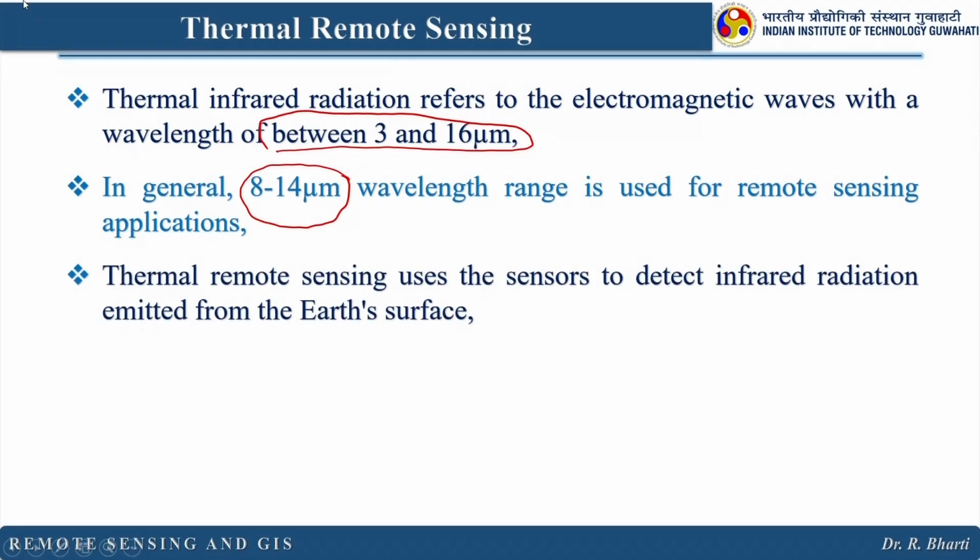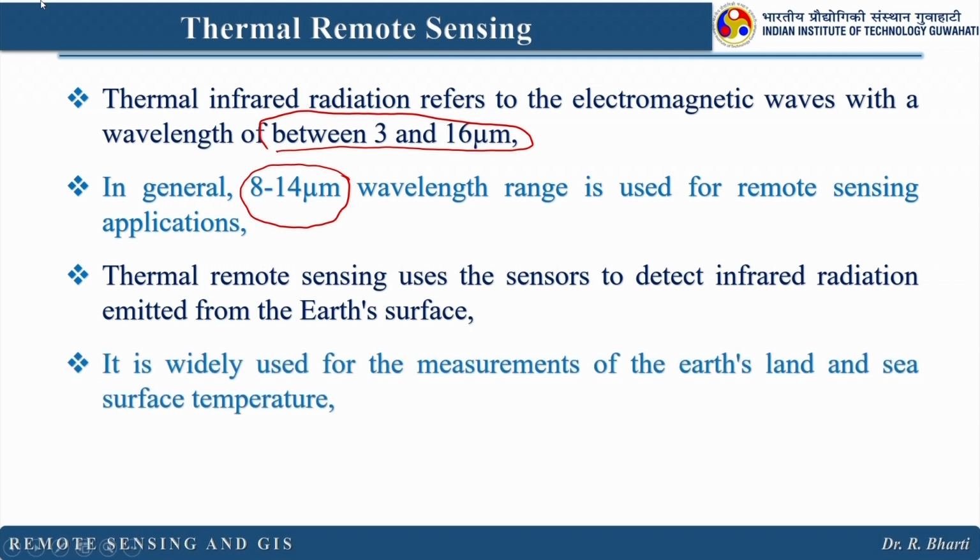The thermal remote sensing uses a sensor to detect infrared radiation emitted from the Earth's surface, because in the longer wavelength region between 3 to 16 micrometer, we measure emitted energy. It is widely used for the measurement of Earth's land and sea surface temperature, right?